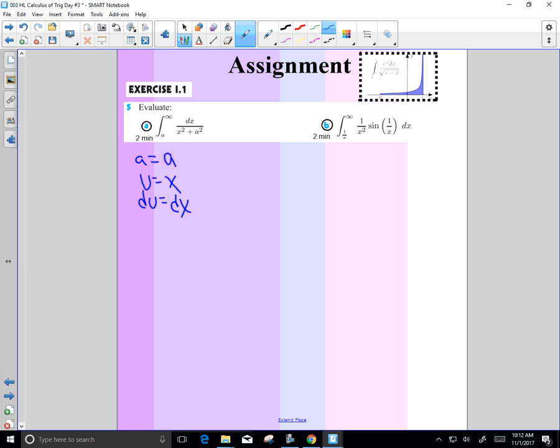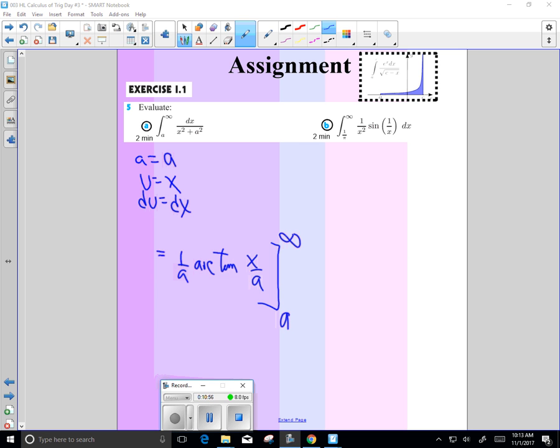So this thing is equal to 1 over a arctangent of x over a going from a to infinity.